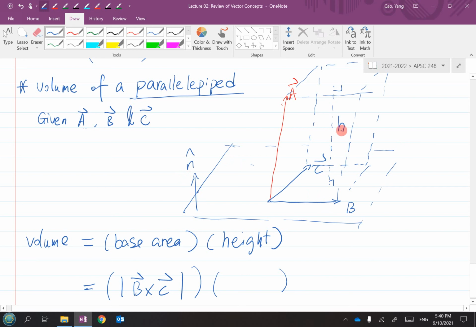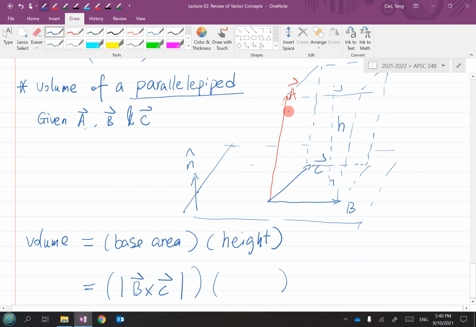So now, can somebody actively think, how do I find this height h using n hat and a vector? Exactly. Project A onto n hat. So what's the formula? Precisely, it should be the length of the projection.